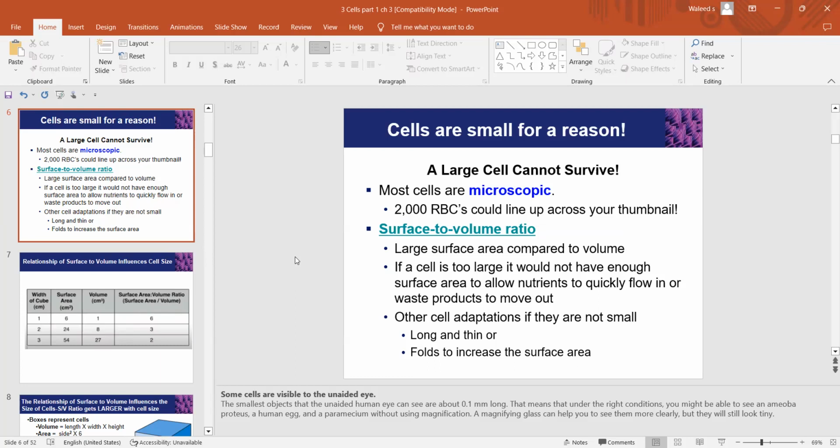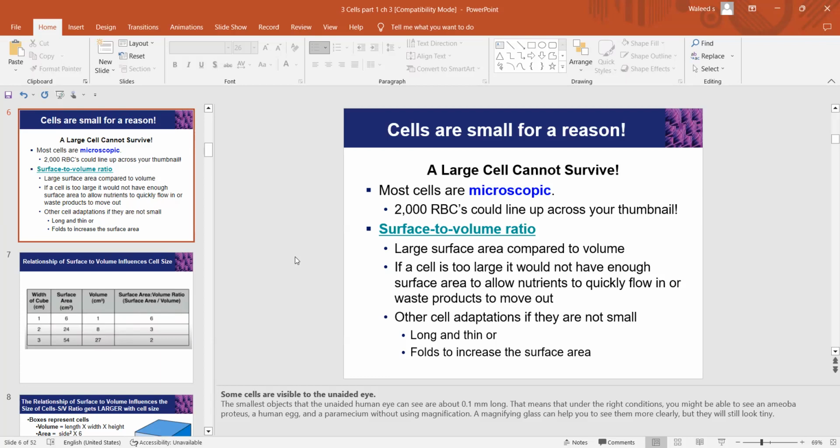Let's say I have 2,000 red blood cells. Each one of those will have its surface area. If I mathematically, I didn't merge them, I just mathematically add up the surface area of these 2,000 individual red blood cells, it will give me a number. Let's say that's 2,000, the surface area. If I merge them, I didn't lose anything.